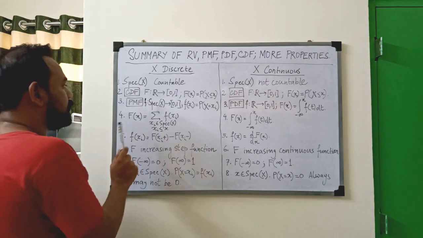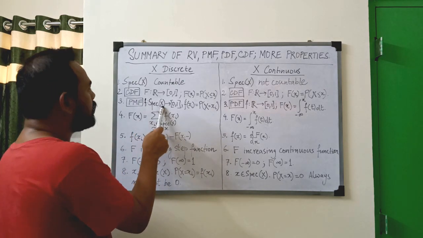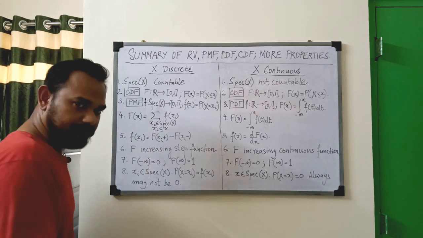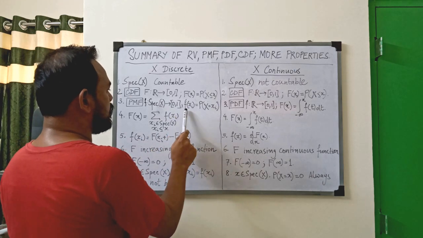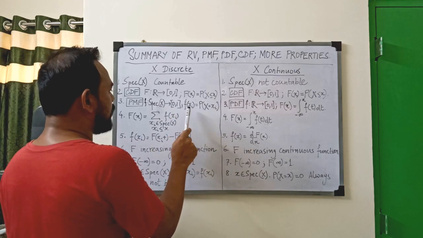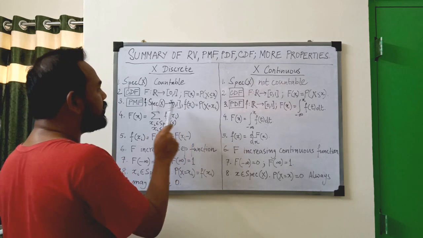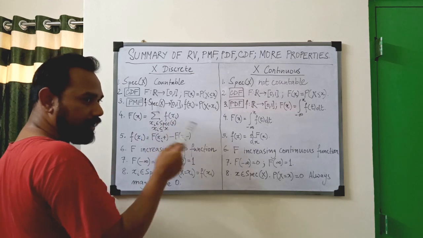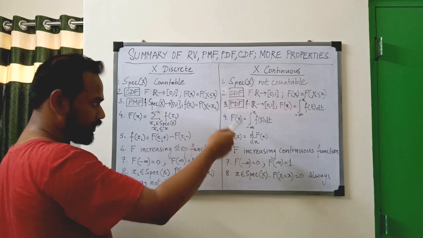For the PMF, it's written as small f, which is defined from the spectrum of x, for example 1, 2, 3 for the example of the boxes and the balls. Because this set is a countable set, I can list its elements as x1, x2, x3.